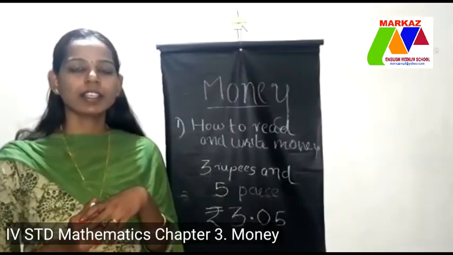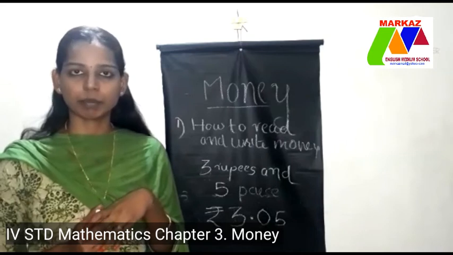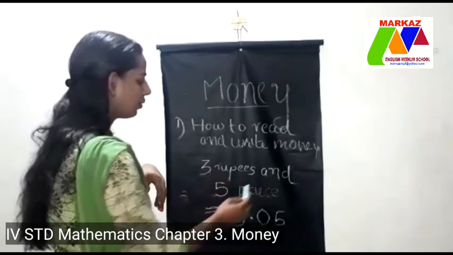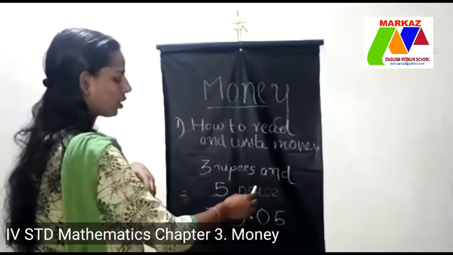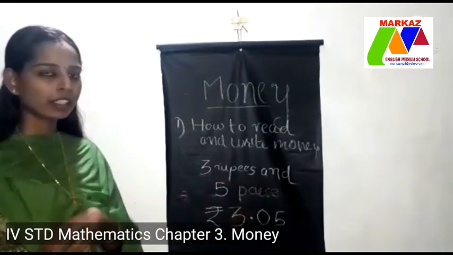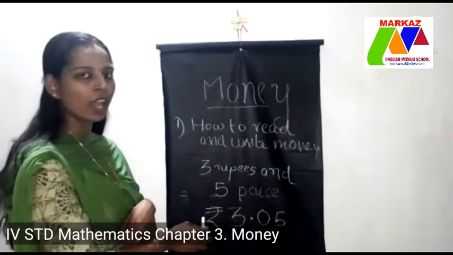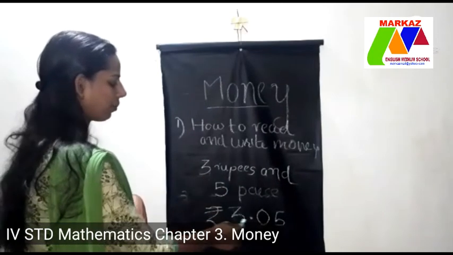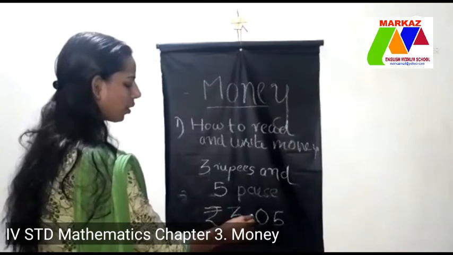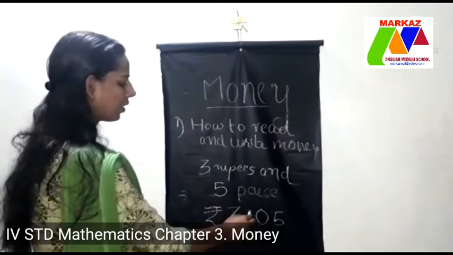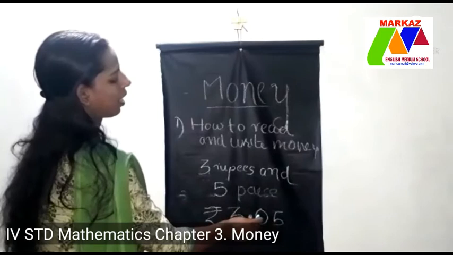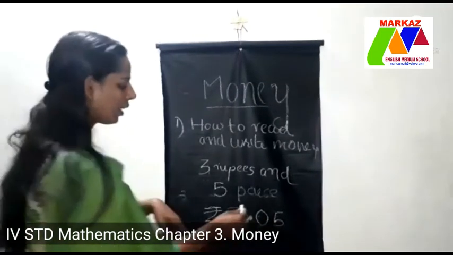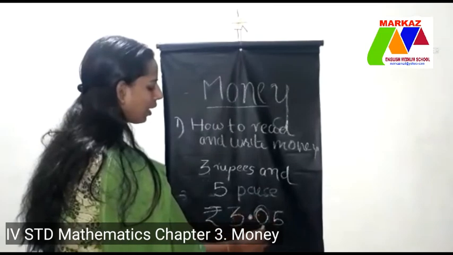Okay students, now let us check another example. Look here, 3 rupees and 5 paise. How should it be written in figures? First we add this symbol, then the amount 3 here. Then put a decimal point or a dot, and a 0, and then 5. Now you might be thinking, why is there a 0 here, right?